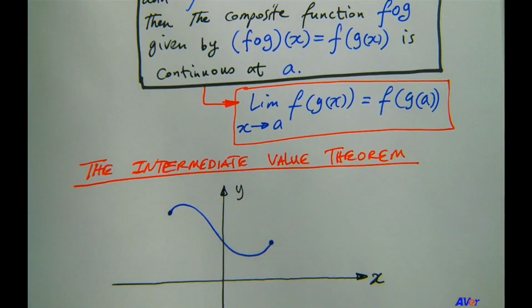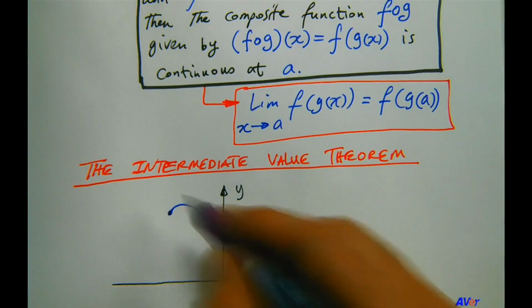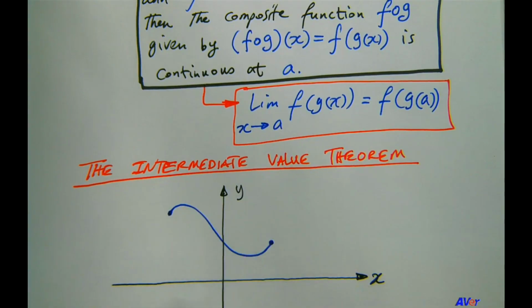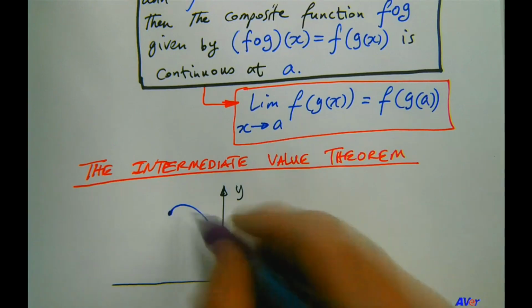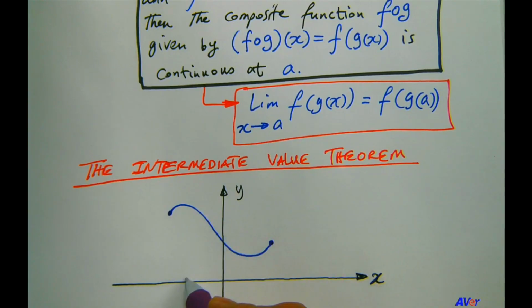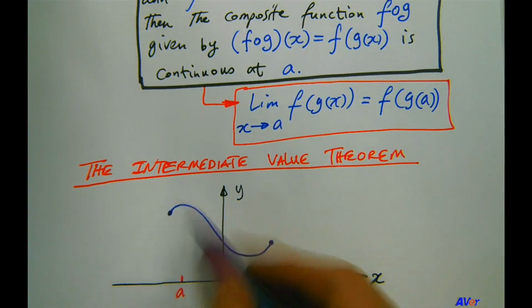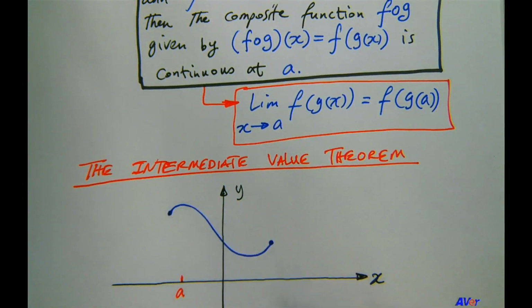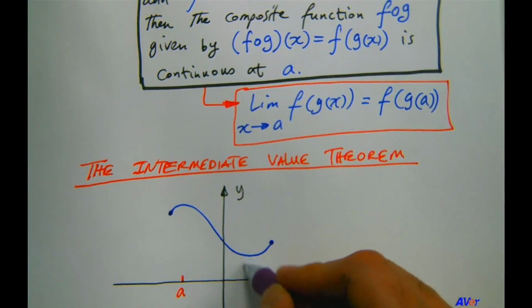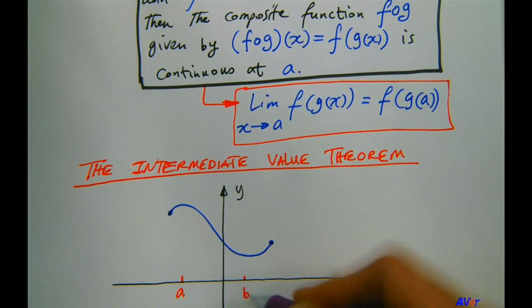And suppose we take two values along the x-axis, and we call one, let's say here, a. Basically, these two points are along the domain of this function. And let's take one here, right?